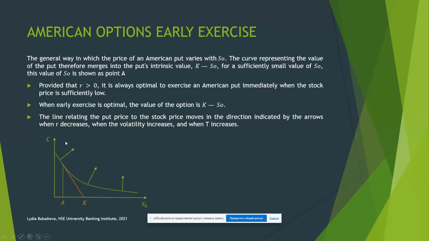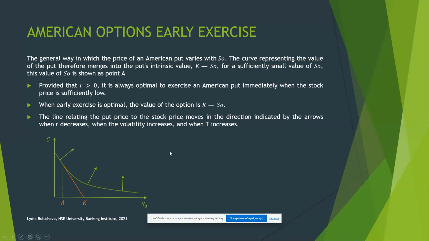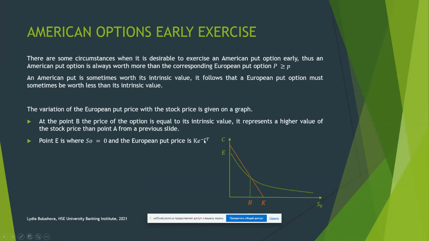When R decreases, the lower is the interest rate, the higher is the price of a put option, because high interest rates imply a smaller discount factor, and the higher is the price. So this is the discount factor.